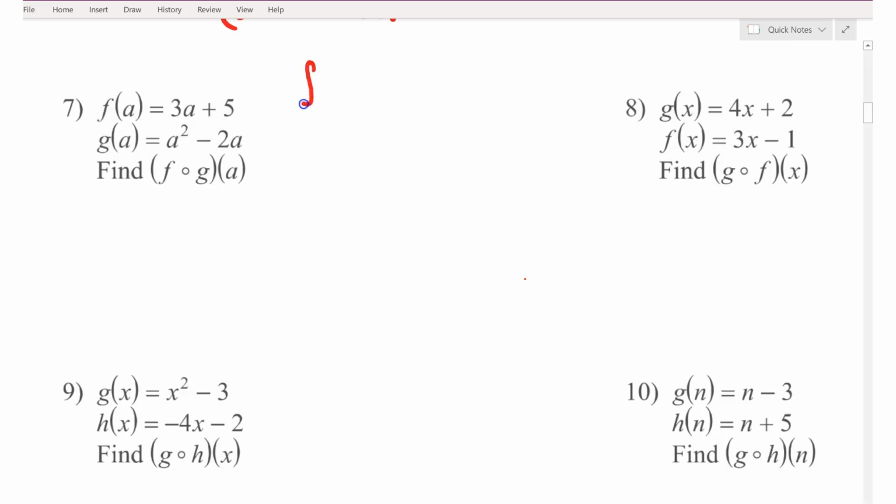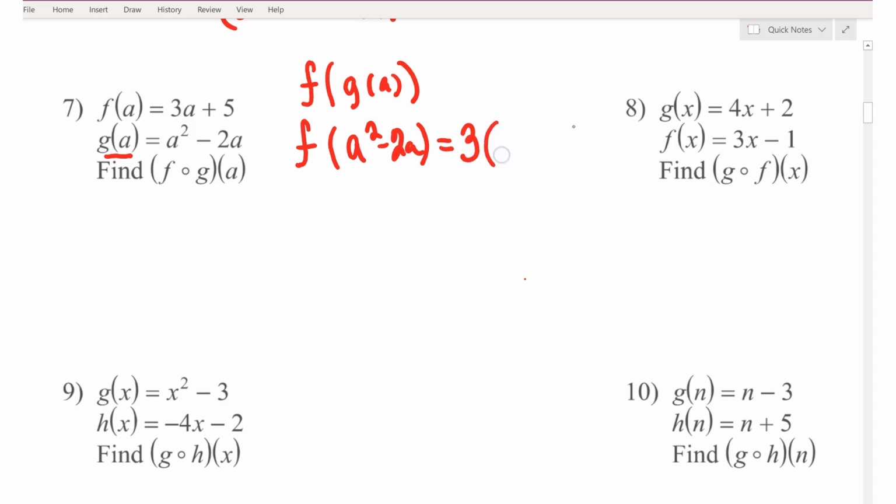So we have f, and we want the composition of g of a. We notice we need to input whatever g of a is going to be. In this case, g of a is a squared minus 2a. Remember I said earlier, it's going to be an expression. So now we got to put that into f. So you have 3 parentheses plus 5.